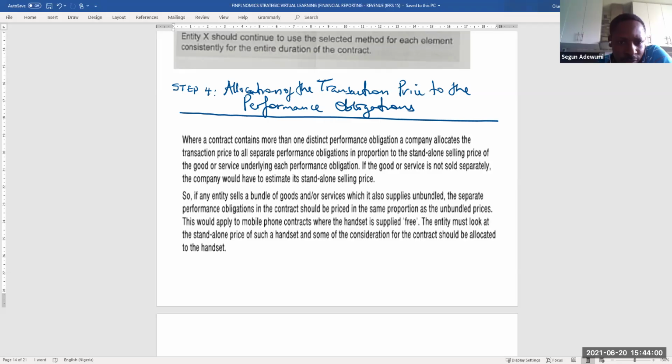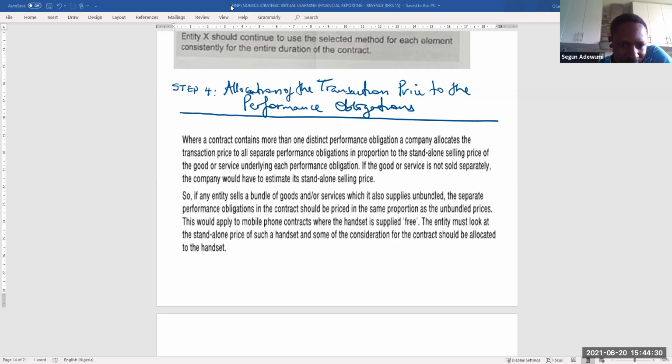Okay, step 4, allocation of transaction price to the performance obligations. Where a contract contains more than one distinct performance obligation, a company allocates the transaction price to all separate performance obligations in proportion to the stand-alone selling price of the good or service underlying each performance obligation. If the good or service is not sold separately, the company would have to estimate its stand-alone selling price.